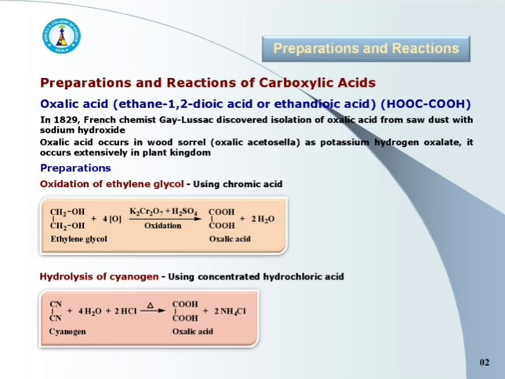Cyanogen, when heated with concentrated HCl, forms oxalic acid with the elimination of ammonium chloride. Here we have to heat cyanogen with concentrated HCl so as to get the oxalic acid.